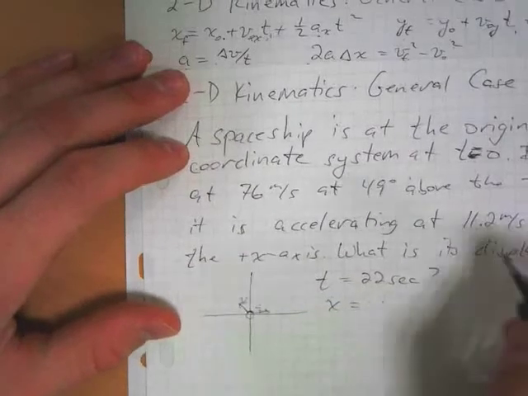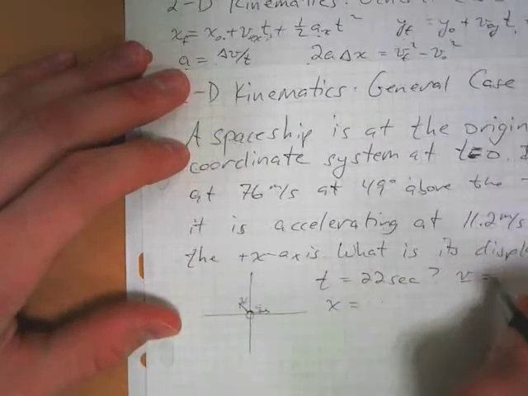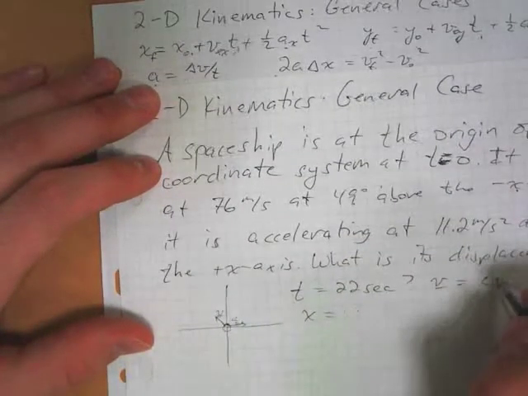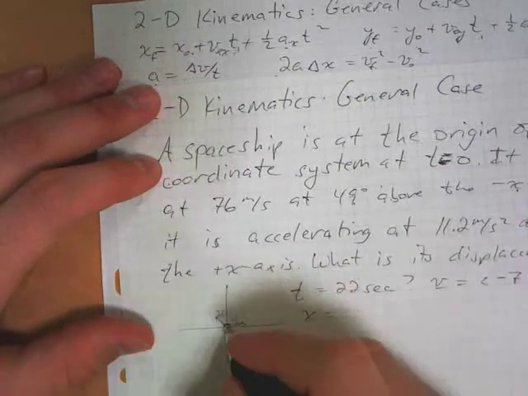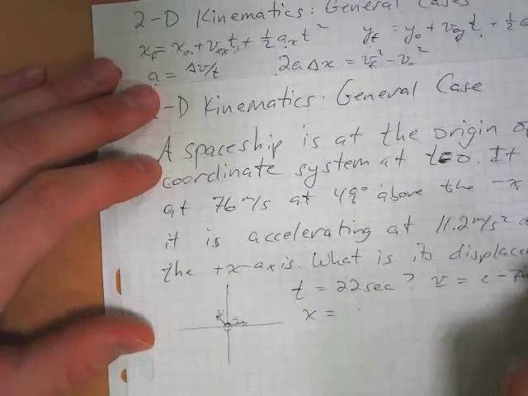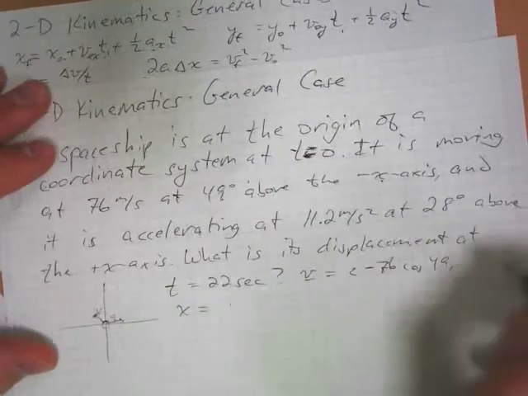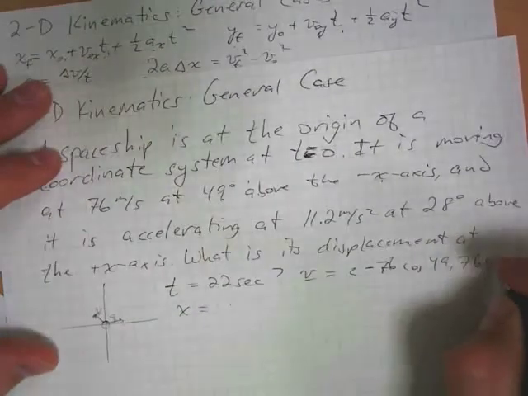Well, our velocity is 49 degrees above the minus x-axis. That's negative, that's this way, so it's minus 76 cosine 49, and then above the minus x-axis, so the y component's positive, and then 76 sine 49.